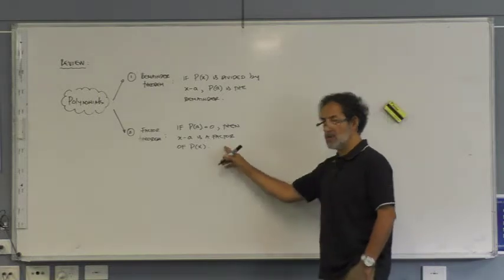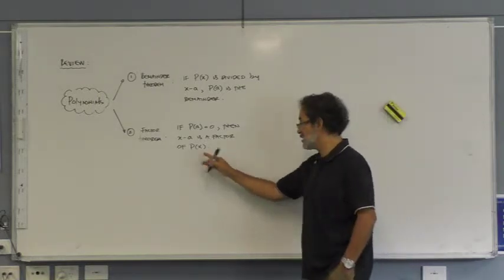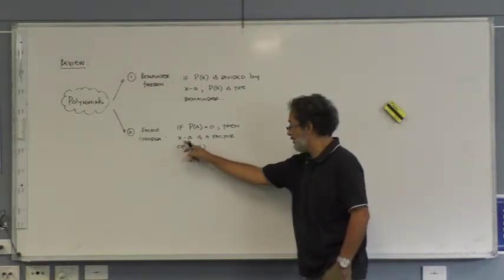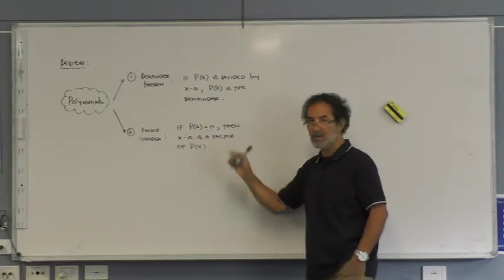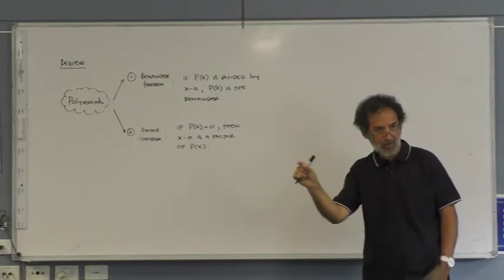And this works in both directions. So we can say if x minus a is a factor, then p at a is equal to 0. So it can work in both directions.